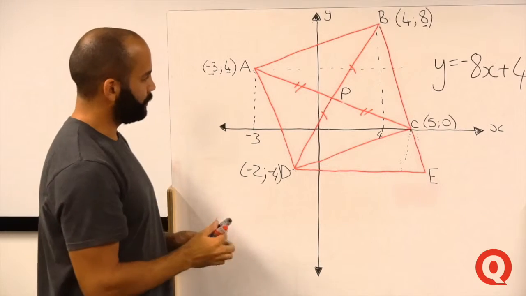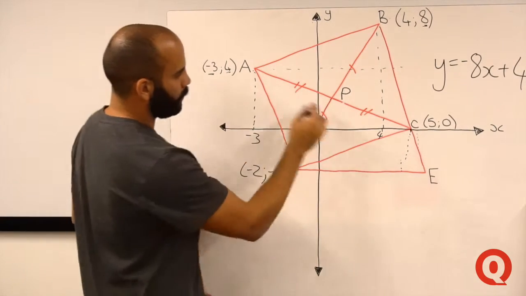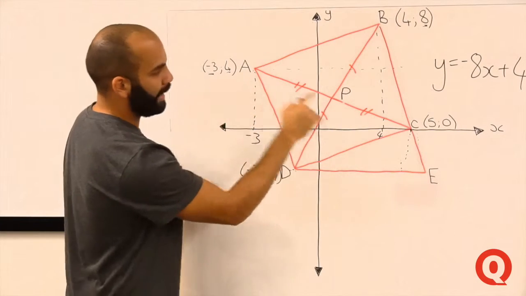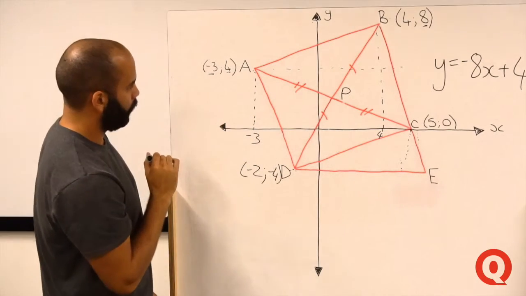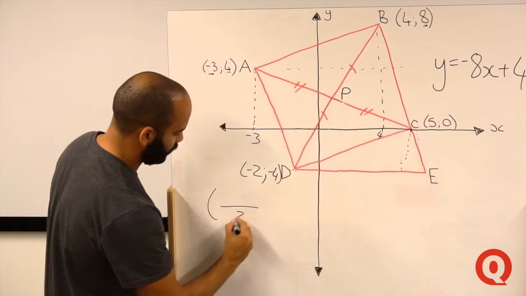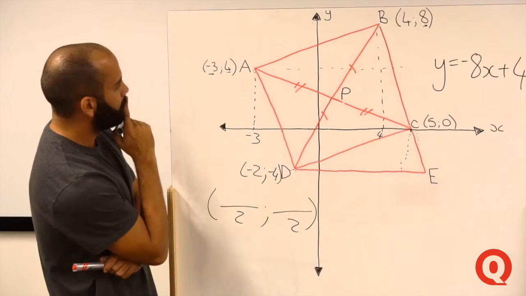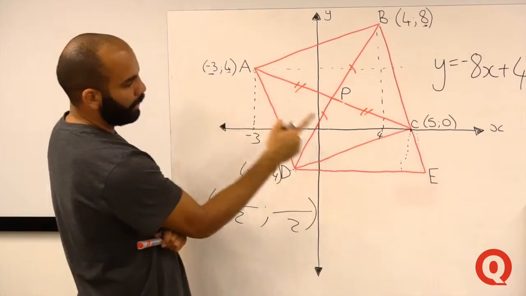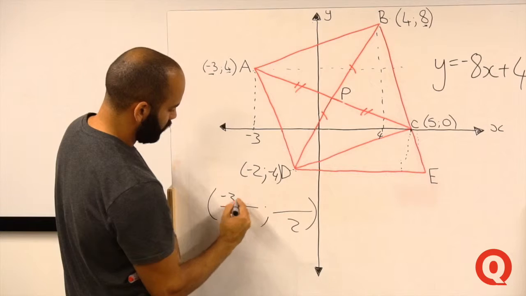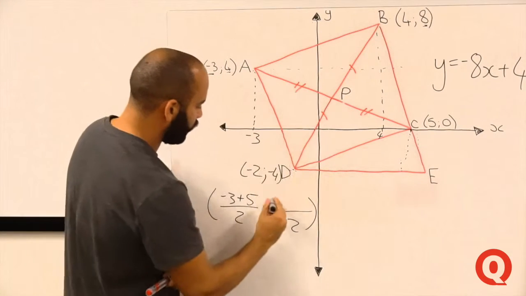Using that relationship, we can now say, okay, what would the midpoint P be between A and C? Well, we could just say the x value, 2, and the y value would be negative 3 plus 5 and 4 plus 0.